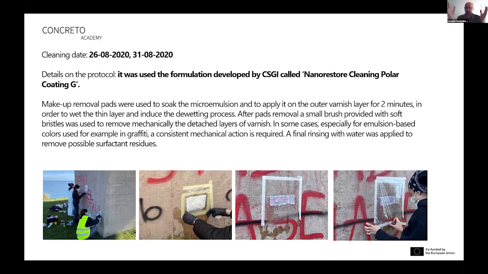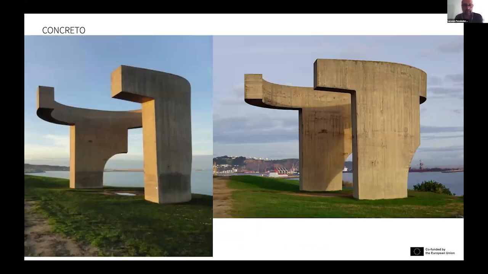Okay. Also, we had this problem with the graffiti because it was in a very exposed, very prominent place, so there is a lot of aggression there. And the problem, you see in the image on the left, is that the town hall tried to clean the sculpture. What they did was to erode the surface.